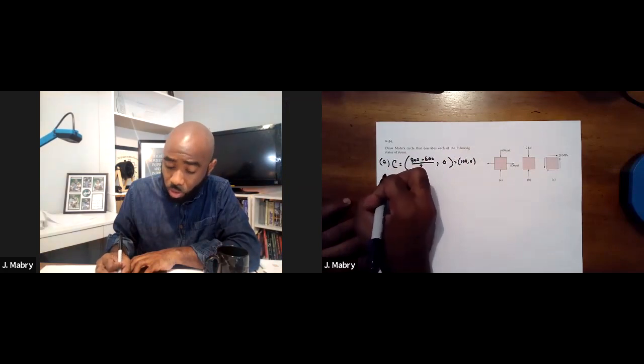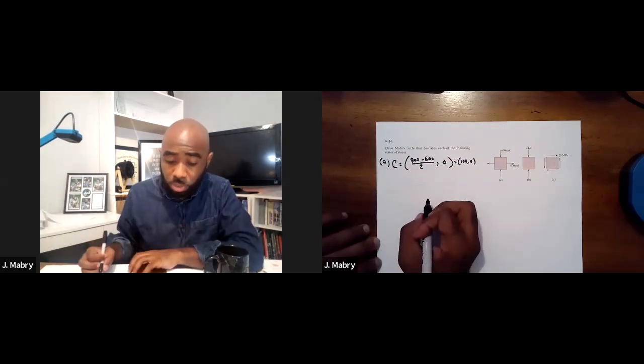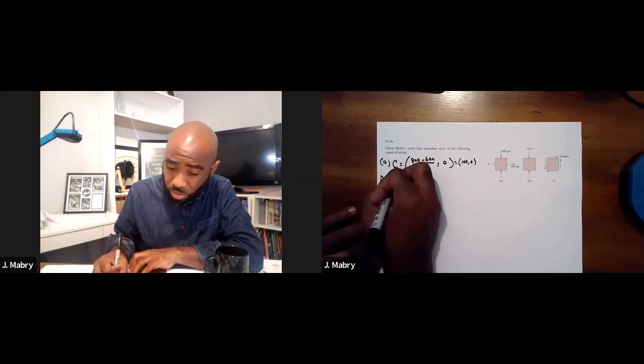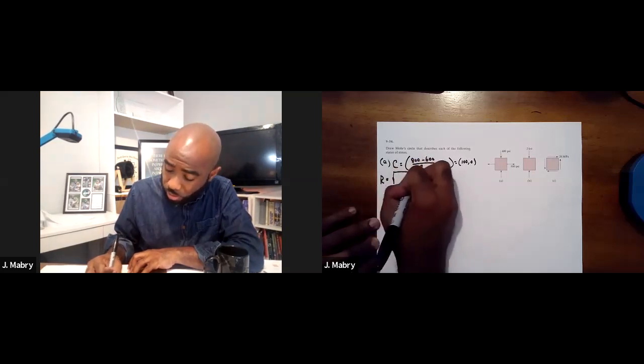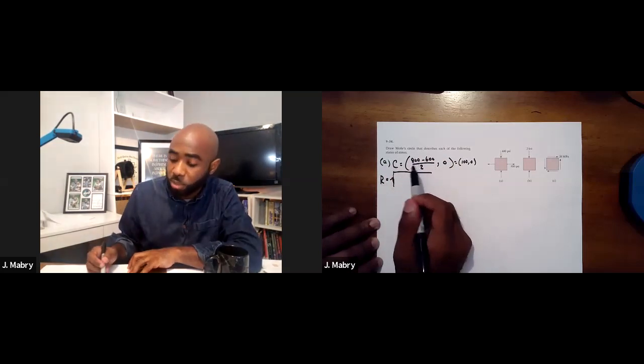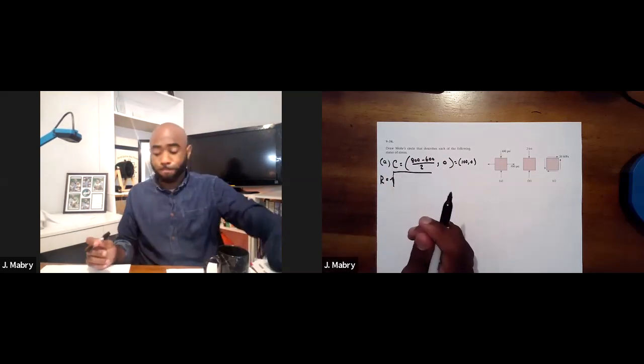Next, we're going to get our radius. Our radius is going to be, make sure I get this right, sigma sub x, so 800 plus the 600.